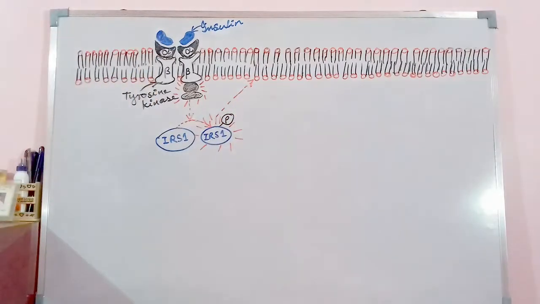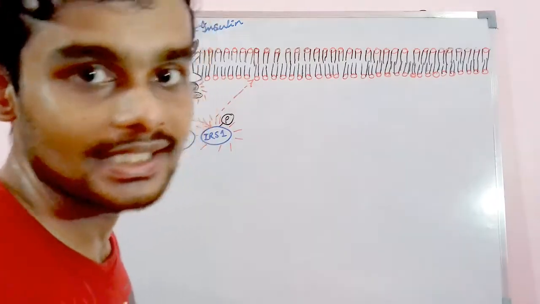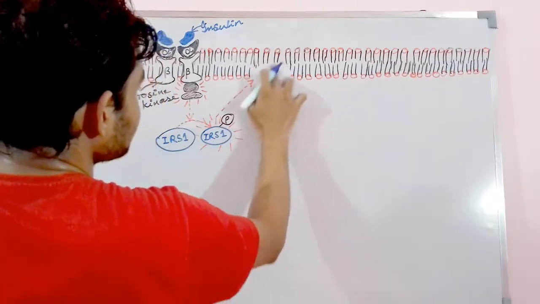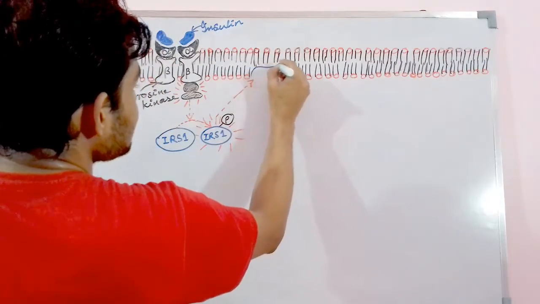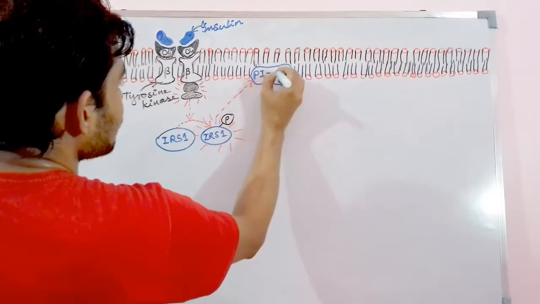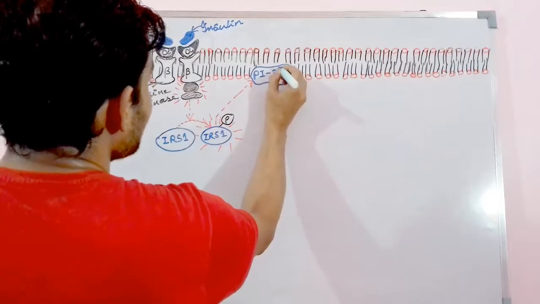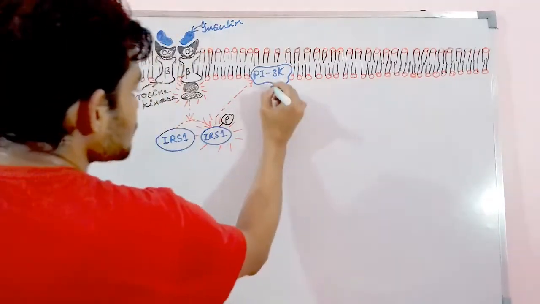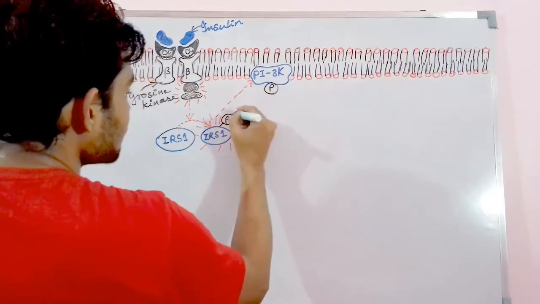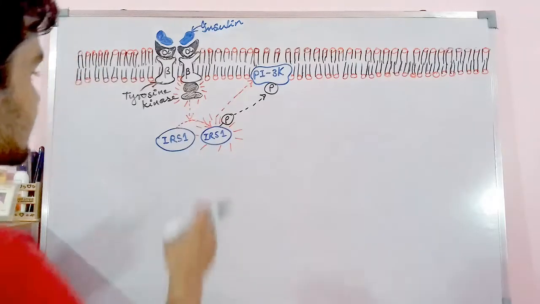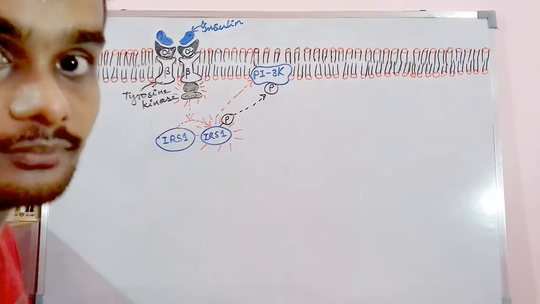The name of that particular enzyme is phosphatidylinositol 3 kinase, or phosphoinositol 3 kinase. This is the enzyme present here. Now this phosphoinositol 3 kinase gets the phosphate group attached, donated from the insulin receptor substrate molecule.